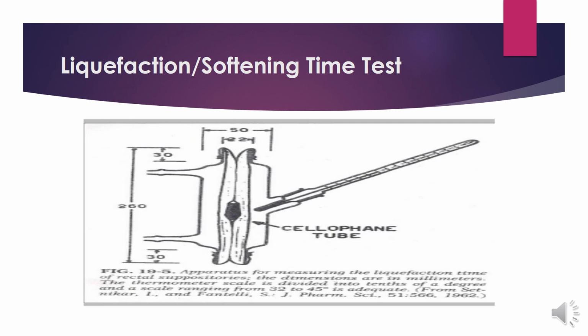This is the middle portion, the black portion, showing you the suppository. Now how much time it is going to take to melt or soften is tested, while the thermometer checks the temperature, maintaining 37 degrees centigrade.